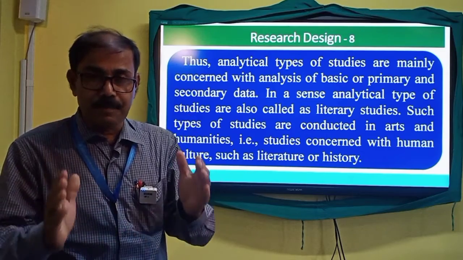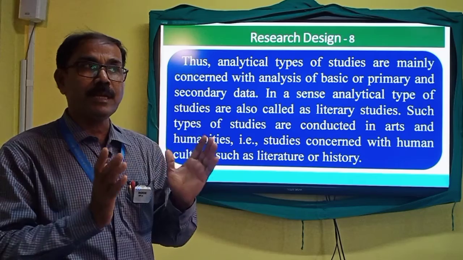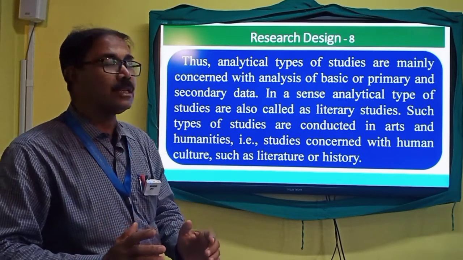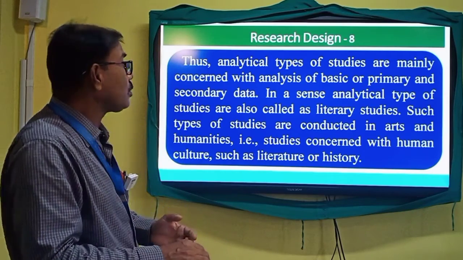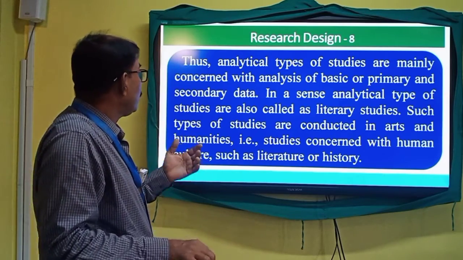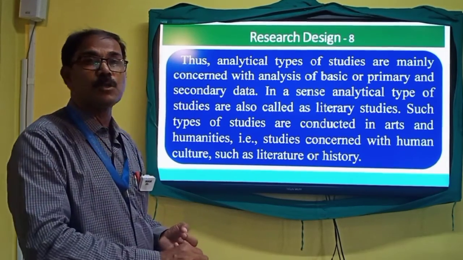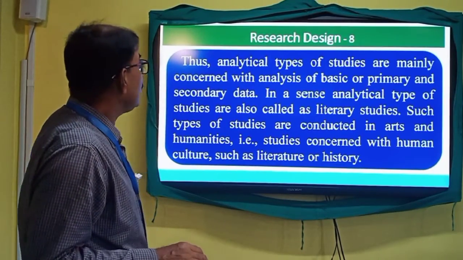One is empirical research, another is analytical research. Empirical research is concerned with the field of science or scientific studies, whereas analytical research is concerned with studies in the field of social sciences and humanities, particularly literature and history. Let us see the next one.